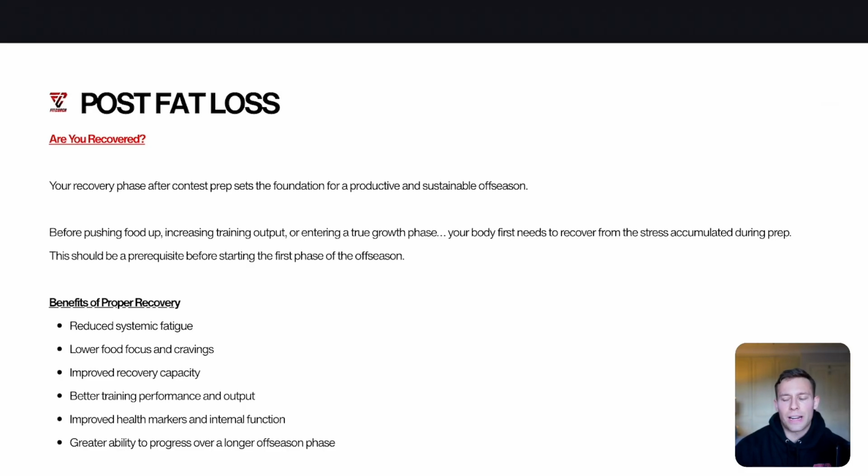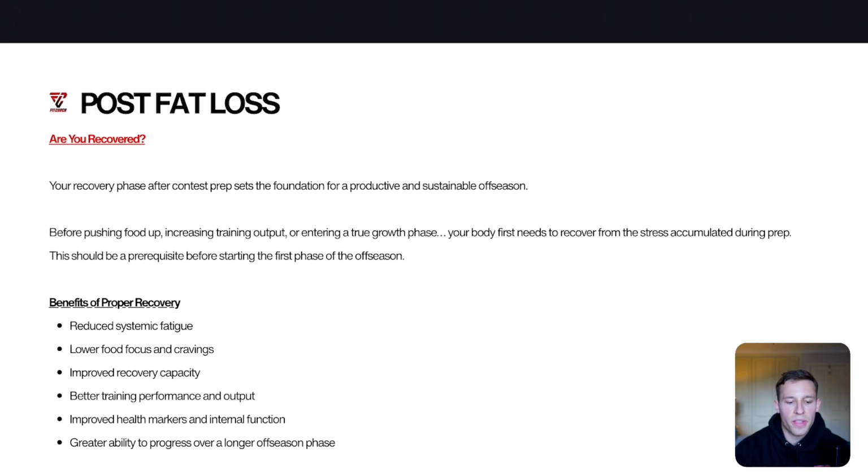Post-fat loss, the biggest question that we should be asking ourselves is, are you recovered? Genuinely, are you recovered? Or are you just motivated to get into the off-season and reverse diet because you get a little bit more food? Your recovery phase after a contest prep, a photo shoot prep, a fat loss prep, sets the foundation for a productive and sustainable off-season.